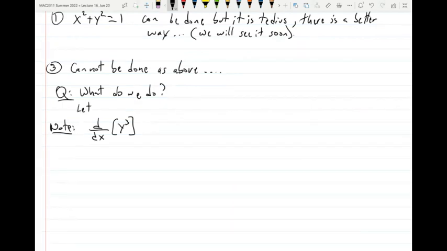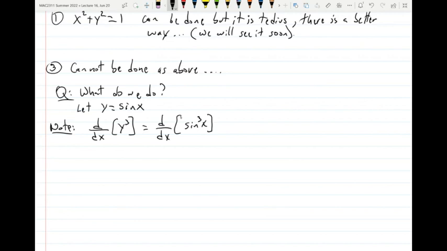And let's say that y is the function sine of x. Just remember, y is some function. So finding the derivative of y cubed is the same thing as finding the derivative of sine cubed of x.